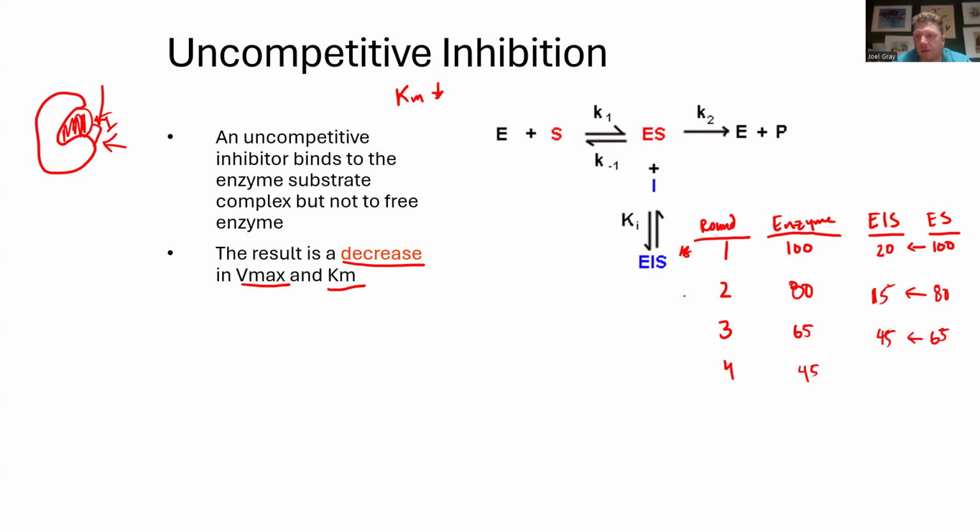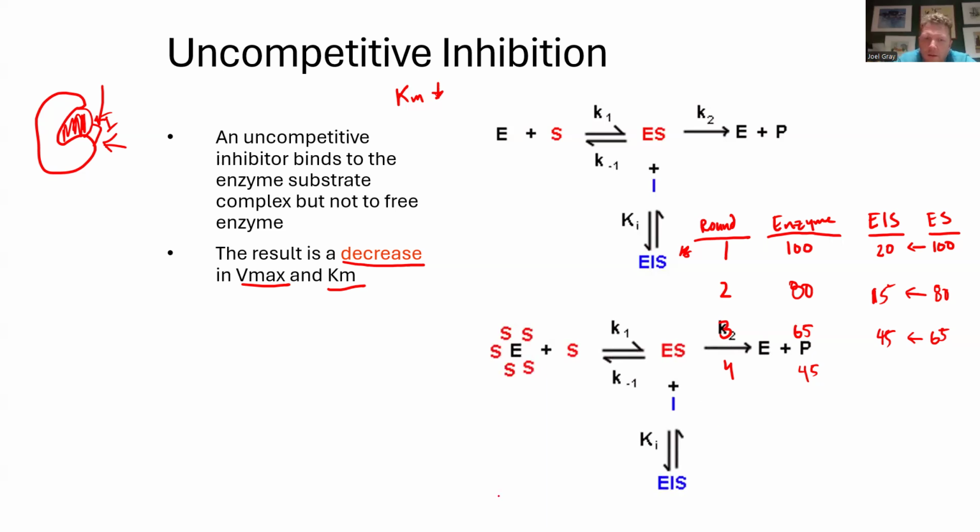When you lose some of that enzyme in every successive round, the ES complex is more likely to form, because the affinity for the substrate is going to seemingly be going up.